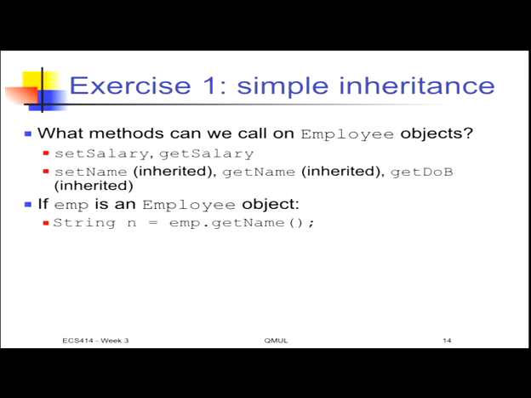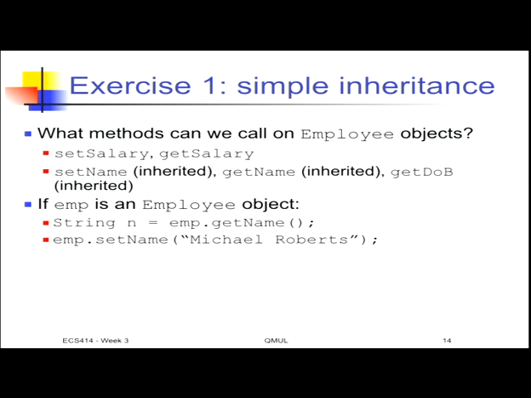So, for example, this statement would be correct. Here we are saying String n equals emp.getName(). emp is an instance of Employee. getName is a method in Person. Employee is a subclass of Person, so we can call emp.getName(), and that returns a string. Similarly, emp.setName with some string is fine.